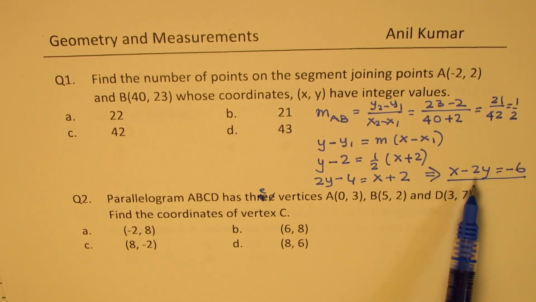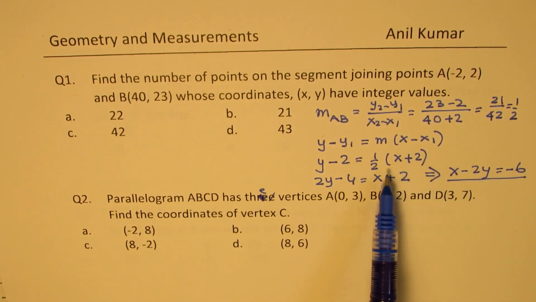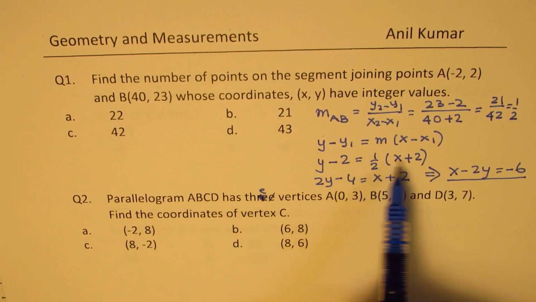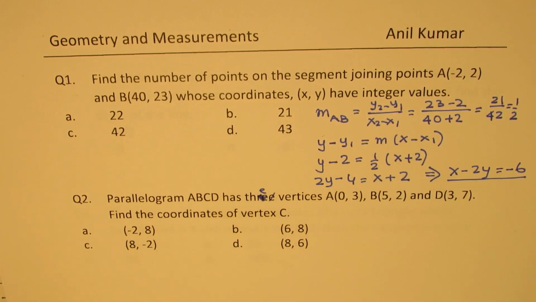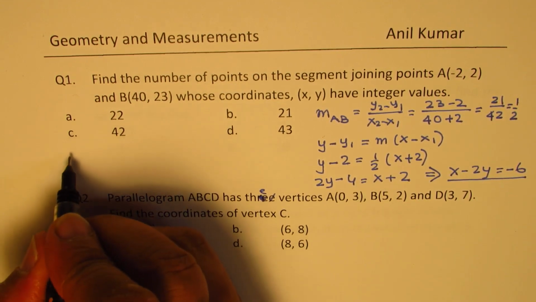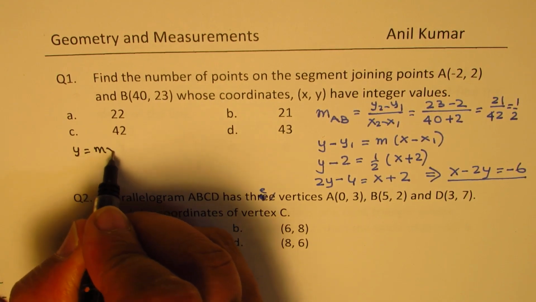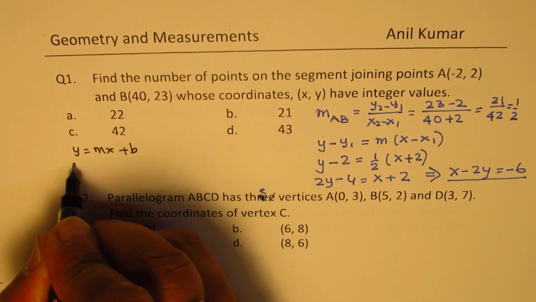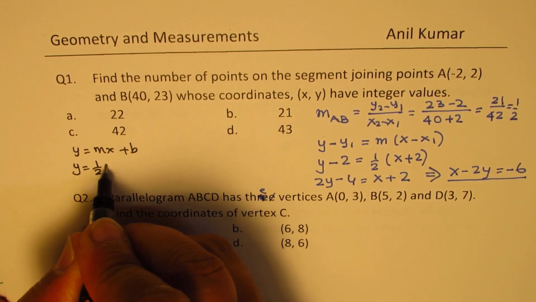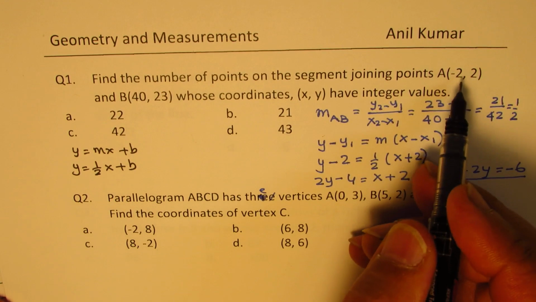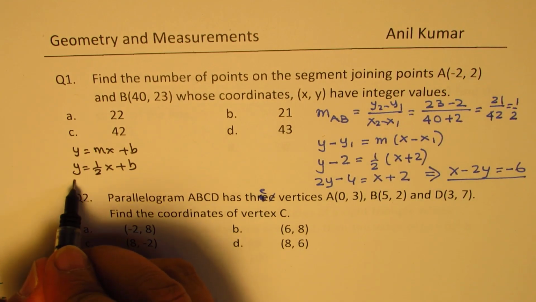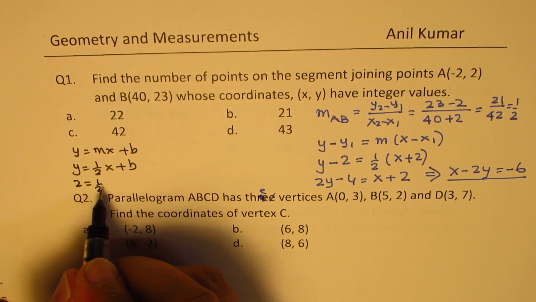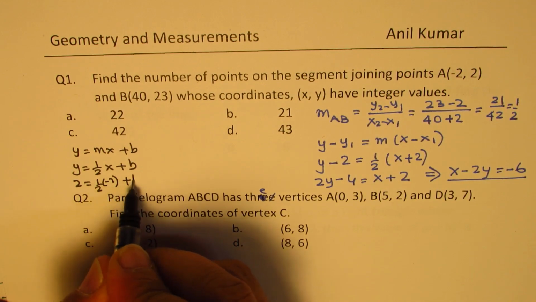Now, the better equation would be the slope and intercept form. So let me write the slope and intercept form equation. So I'll kind of redo this, right? So we could write this as y equals mx plus b. So we have y equals half of x plus b. Using the point (-2, 2), we get 2 equals half of minus 2 plus b.